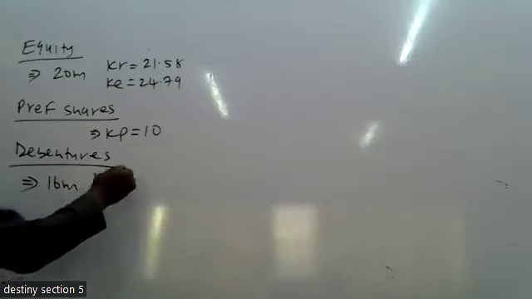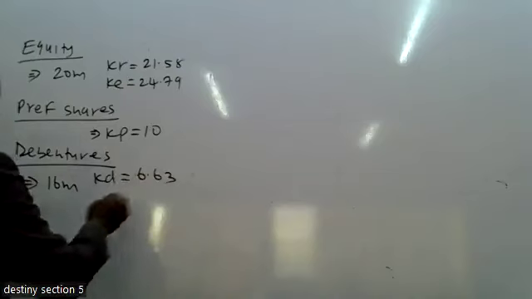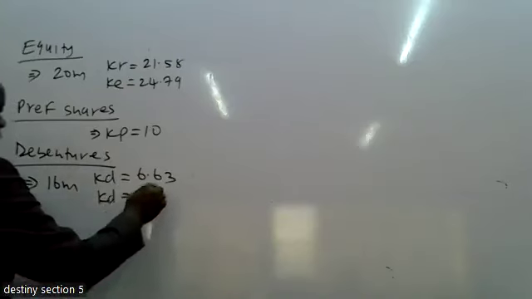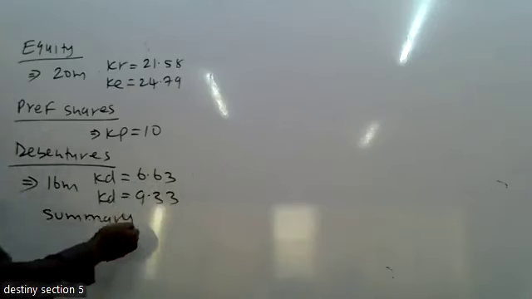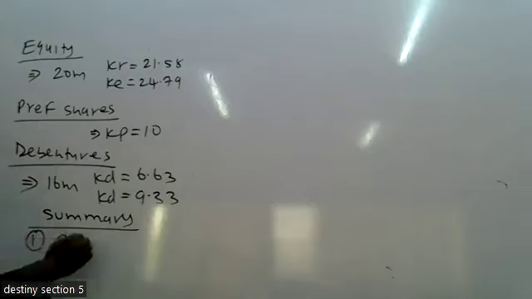Then we have calculated two KDs. KD of the 9% gave us 6.63, then KD of the 12% gave 9.8%. So when we are getting the range, the first one normally starts from 0, the lowest breakpoint.